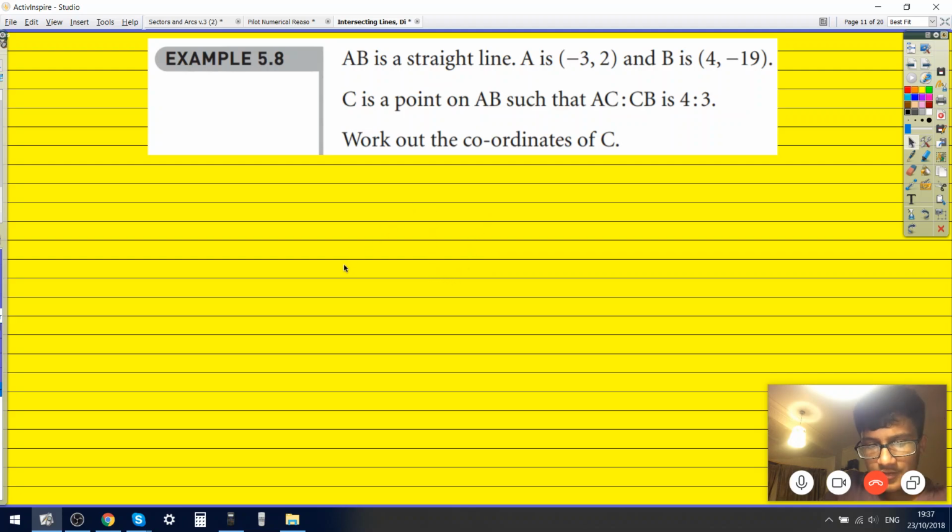So the difference between the x coordinates would be 7, and the ratio is 4 to 3. So we do 4 over 7 multiplied by 7, and we get 4. So we're adding 4 to the original x value. So that would be 1.